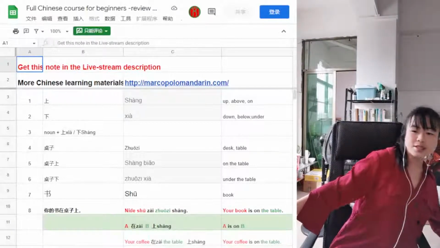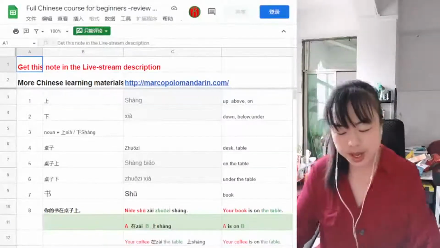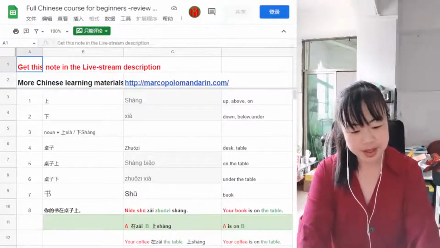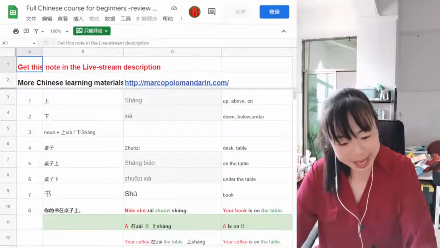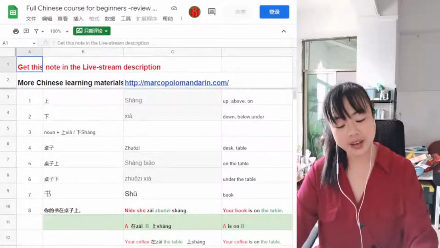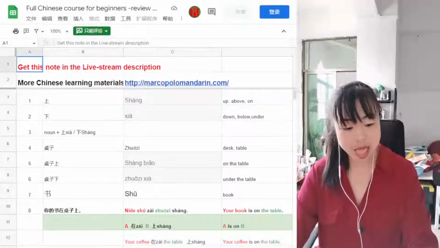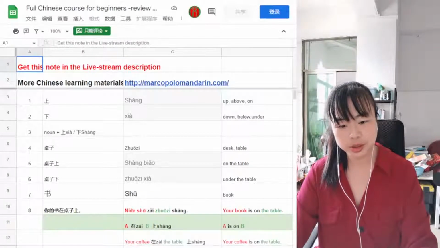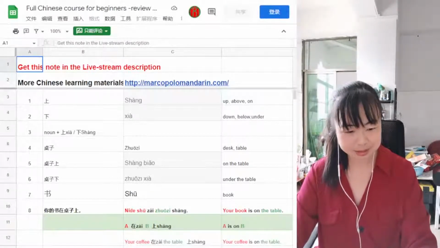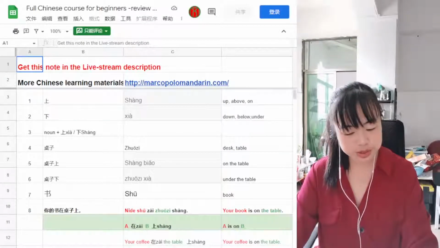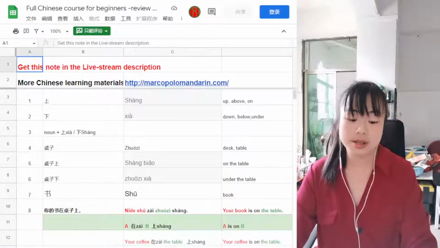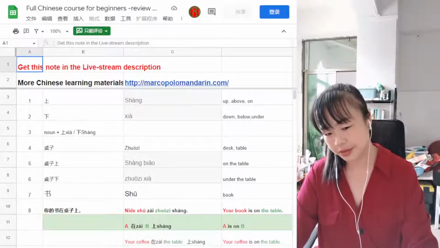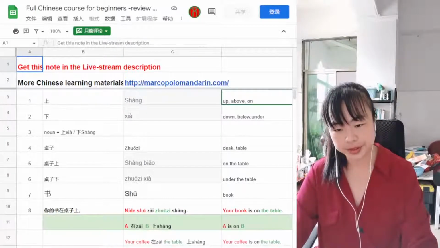Yes, this is the word we should learn. 上边 or 下边. They have exactly the same meaning as 上 or 下. But the way to use these two words is slightly different. Okay, what's the difference?